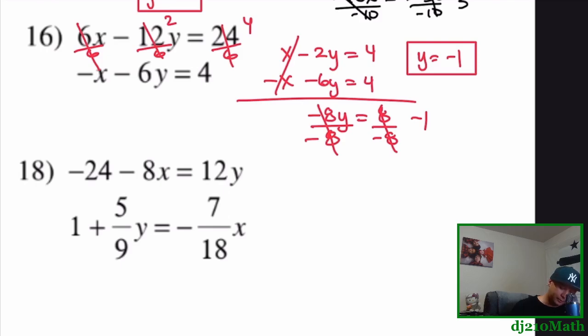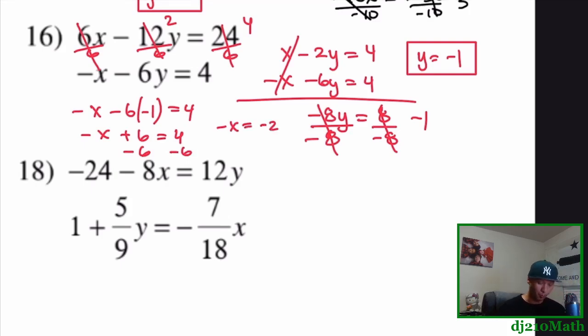When I plug negative 1 into the bottom equation, I get negative x minus 6 times negative 1. So negative x plus 6 equals 4. Minus 6, minus 6. Negative x equals negative 2. Therefore, x is equal to 2.